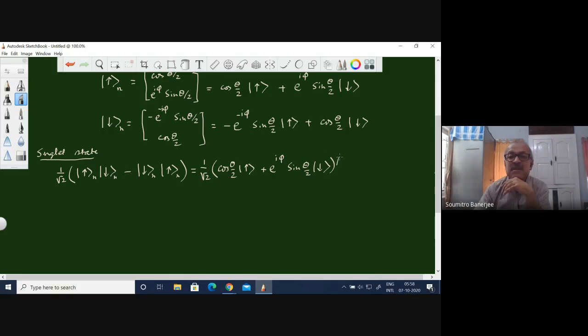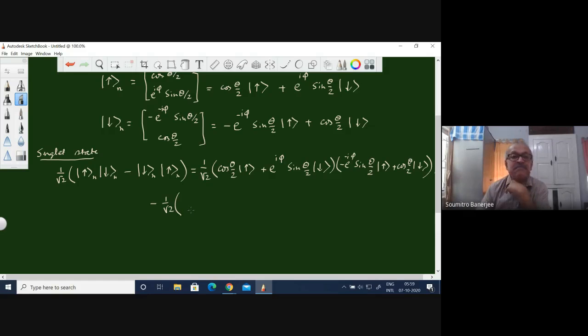So this is times minus e to the power minus I phi sine theta by 2 up plus cos theta by 2 down. Okay, so I have written only this part.